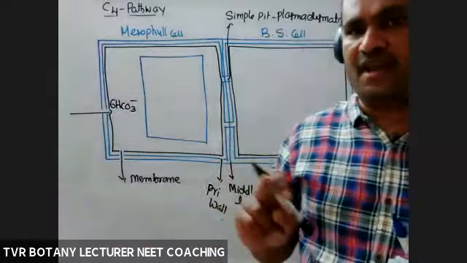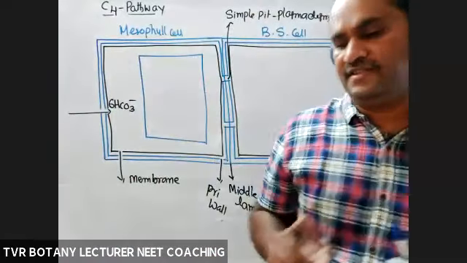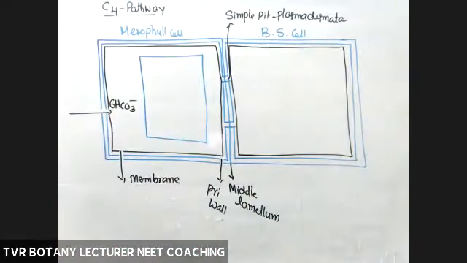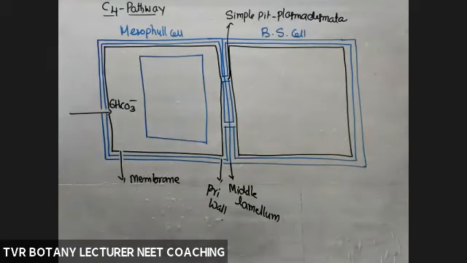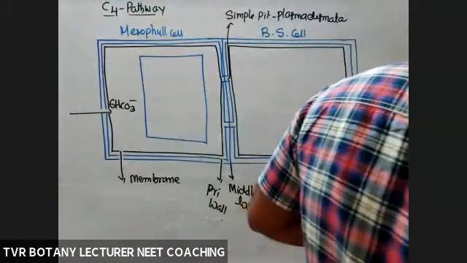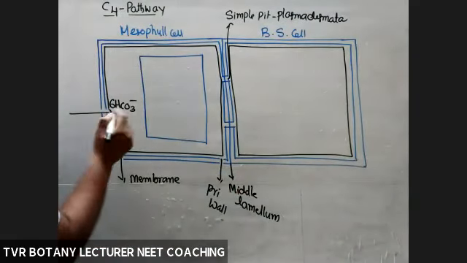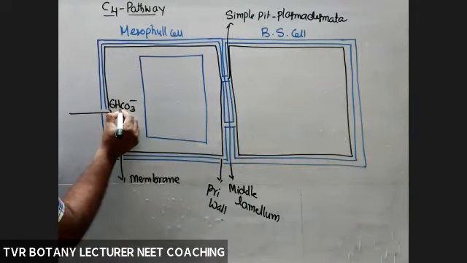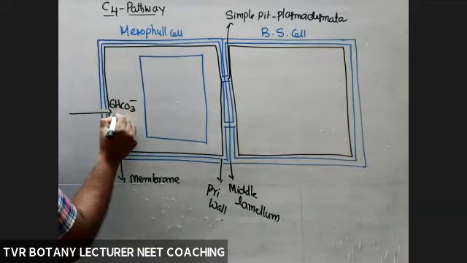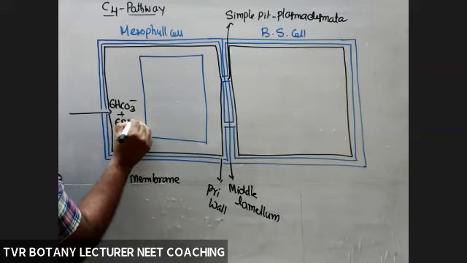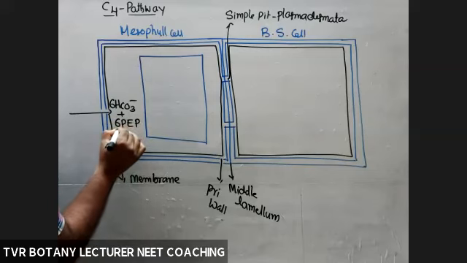What about the number of cycles of the C3 cycle required? 6 cycles. 6 turns given. Follow that one. How many are there? Okay, so here in this method I'm taking 6 HCO3 plus 6 PEP, phosphoenol pyruvic acid.